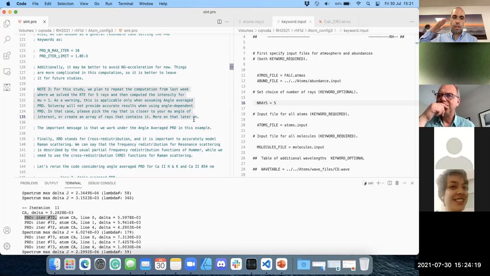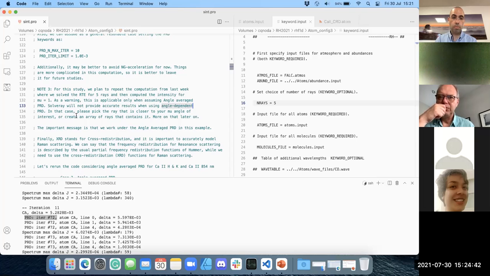So today's example is angle average. That is probably the most standard that you can use. And we can follow the same procedure as last week, using solve ray to compute the profile at a given heliocentric angle. But if you are using angle dependent, don't use solve ray, because in principle it will not work.